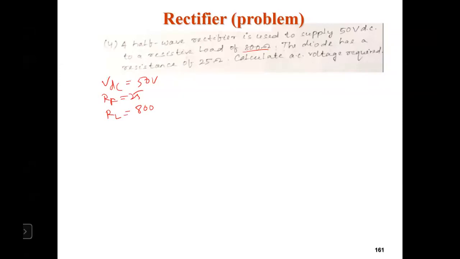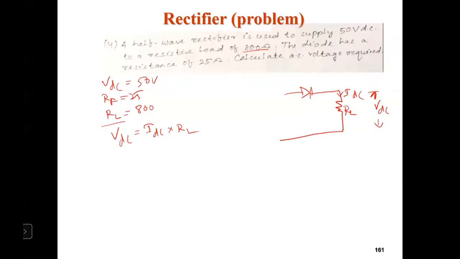So you can say here simply VDC is equal to IDC into RL. Yes or no? Because if this is the circuit, with RL and IDC, obviously the voltage across this load resistance is given by VDC, which is 50 volt.